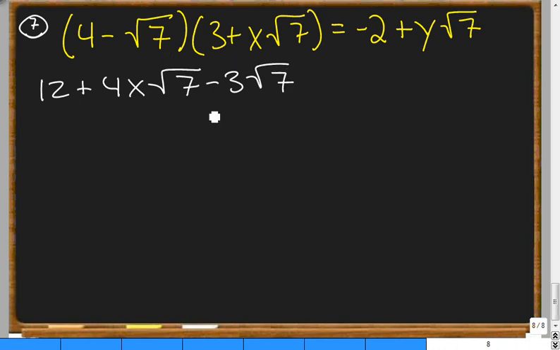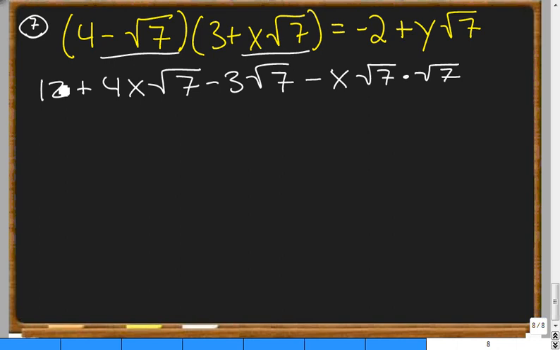Again, when you multiply, the order doesn't matter. And then we have negative square root of 7 times x times the square root of 7, which gives us negative x square root of 7 times the square root of 7. And that equals our negative 2 plus, well, I'll get that part down later.